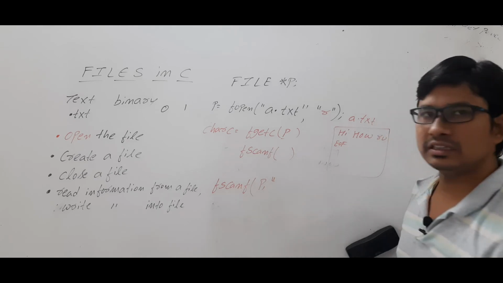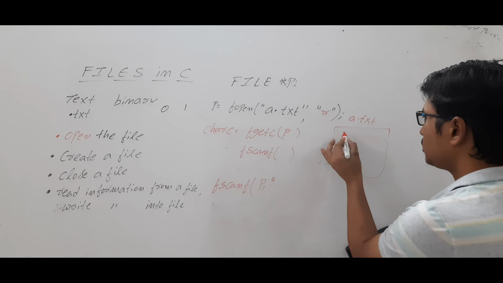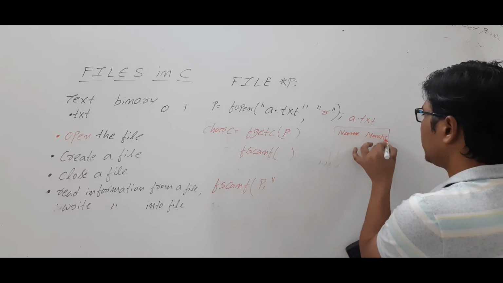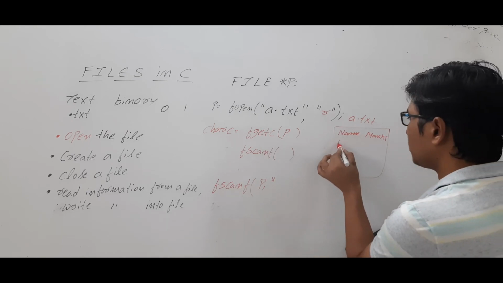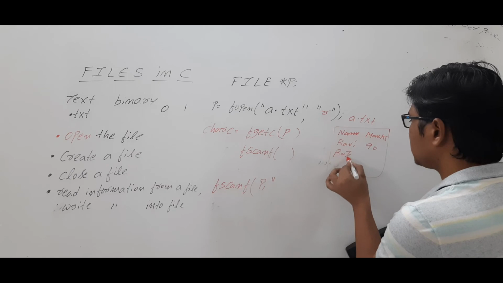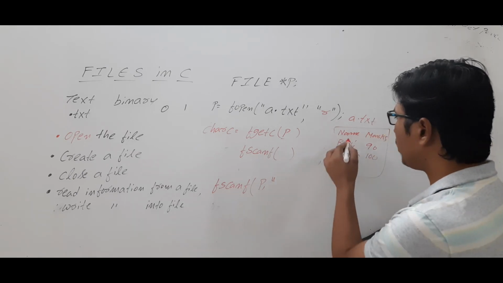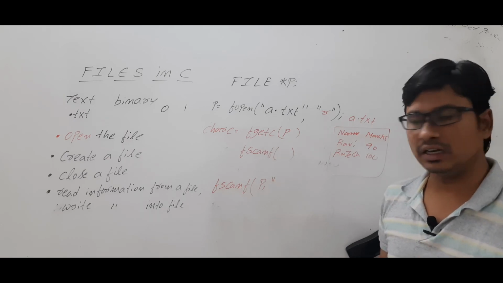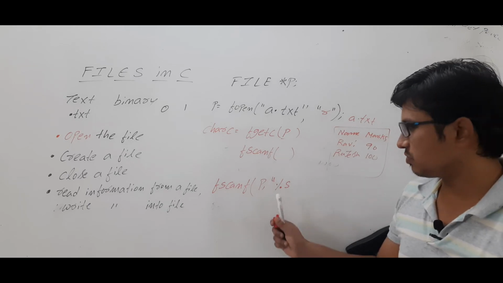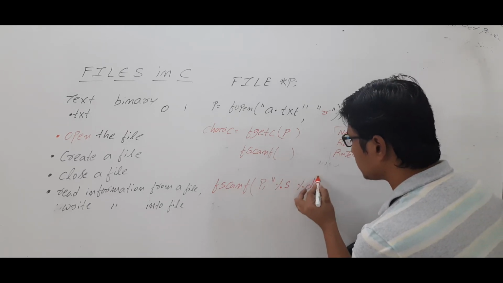Suppose this file has student information, the student name and his marks. Let's say the student name is Ravi, his marks are 90, and then the student name is Rajesh, whose marks are 100. Then you need to read the name. To read a name, which is a character array, you specify the format specifier for a string, and the marks is an integer constant.